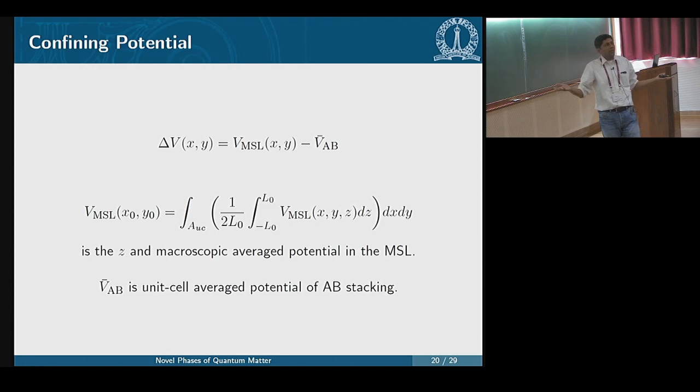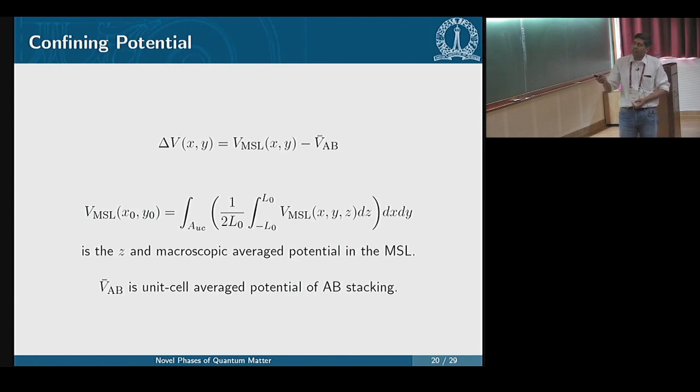So I can also ask the question, is there any in-plane potential that has developed? Everything is inhomogeneous. I talked about a hybridization which is between the two layers. But in the plane, because I said there are strains, is there any potential that develops within the plane because of this relaxation and so on? So I can define a confining potential in the following way.